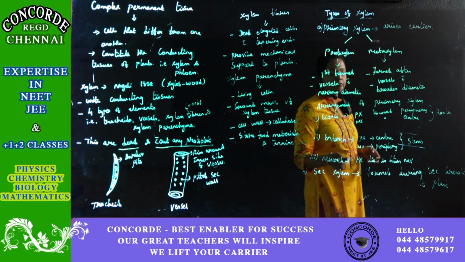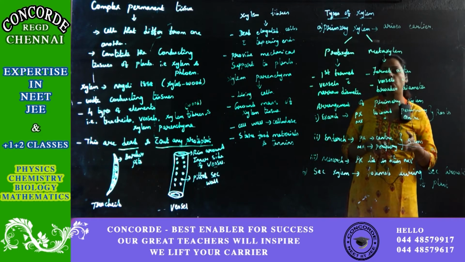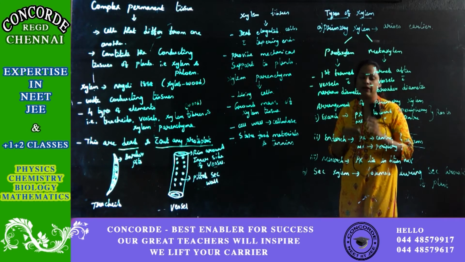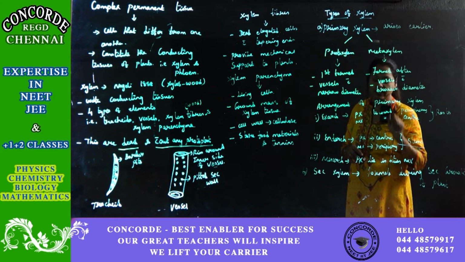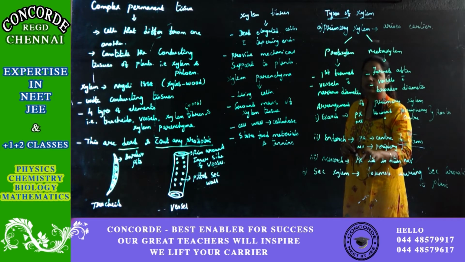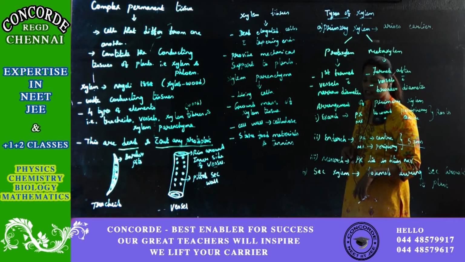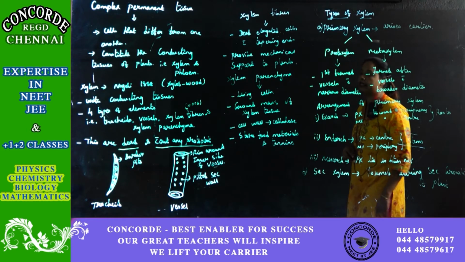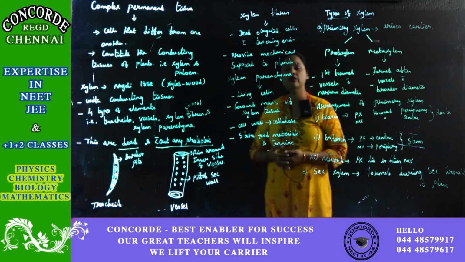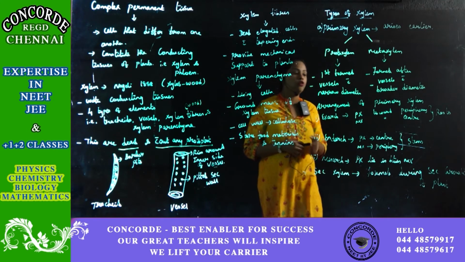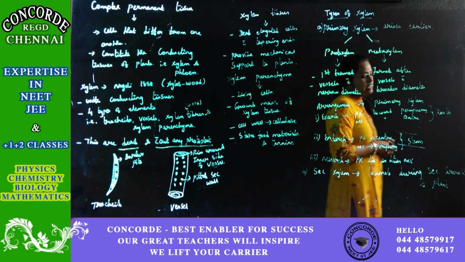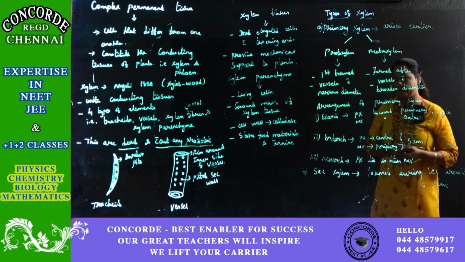Mesarch is midway, so the protoxylem lies in between the metaxylem. So this is about the arrangement of primary xylem. Next we move on to secondary xylem. Secondary xylem develops only after the formation of secondary growth in plants.